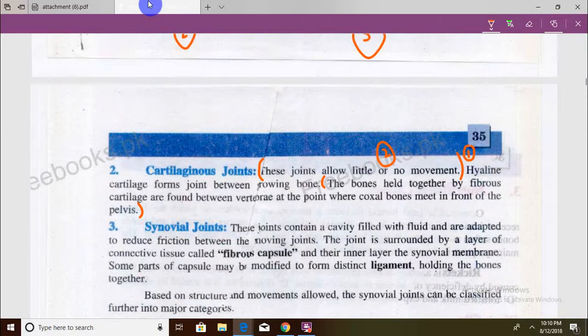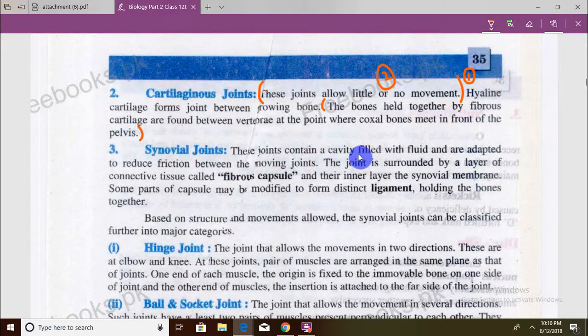So these joints contain a cavity filled with fluid, adapted to reduce friction between moving joints. The joint is surrounded by a layer of connective tissue called the fibrous capsule, and the inner layer is the synovial membrane.